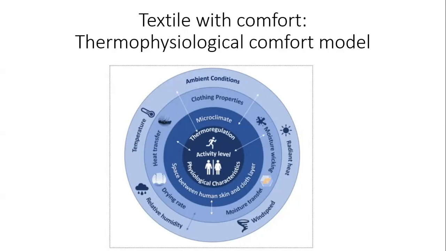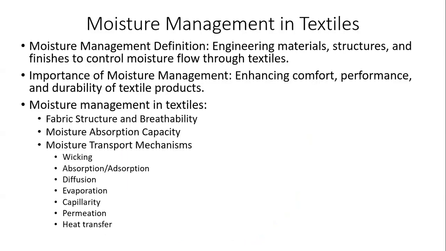This model is the basis that people look at when they develop high performance textiles for moisture management properties. So with that, I will look into moisture management in more technical detail. It is because people think textiles are more dumb materials.